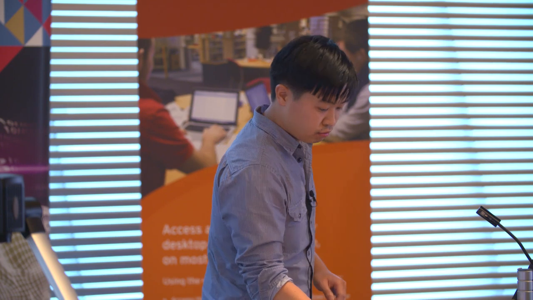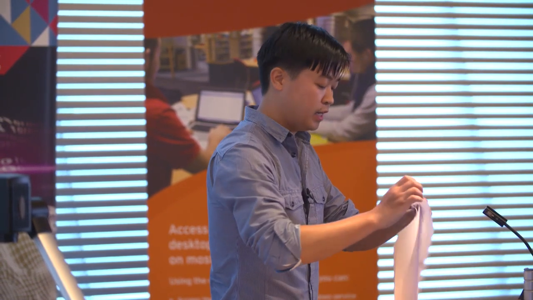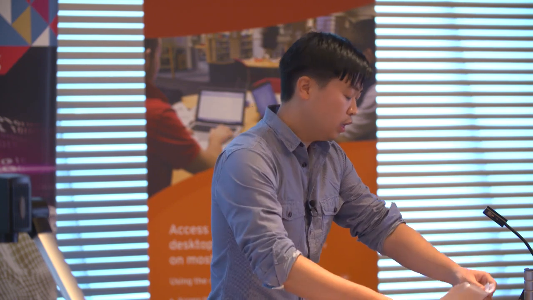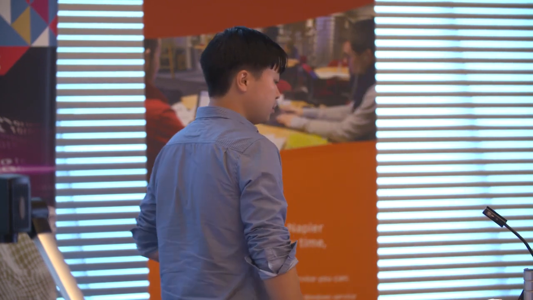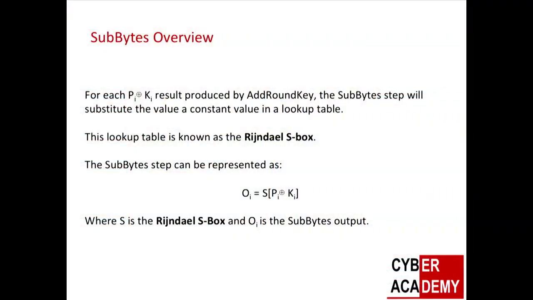After the add round key function has been computed, for each result in the add round key, the sub-byte step will substitute the value with a constant value from a lookup table. This lookup table is more formally known as Rijndael's S-box, and hopefully I'm pronouncing his name right there.